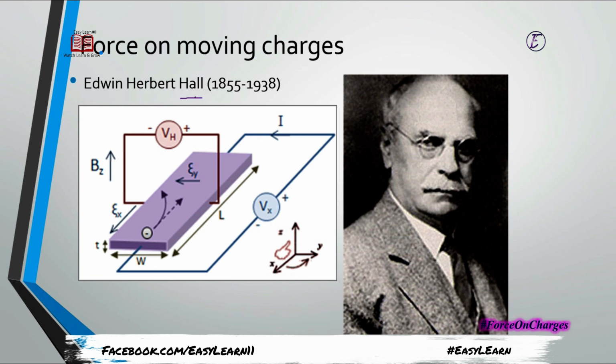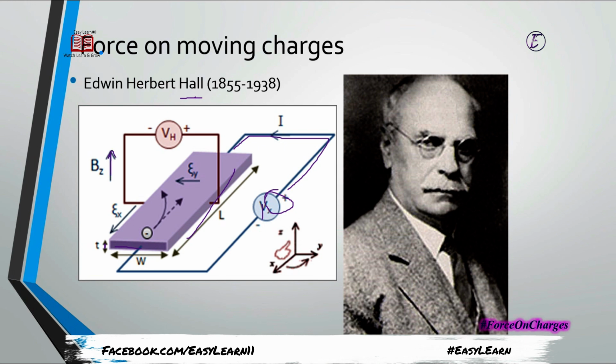This is the demonstration of the Hall effect. It is connected with the external source here, positive and negative, and this is the width of this conductor, length, and this is the height. We are not interested in the height, length, width; I'm just trying to show you that the external current is applied and the magnetic field direction is upward.